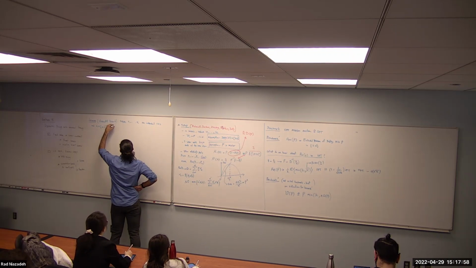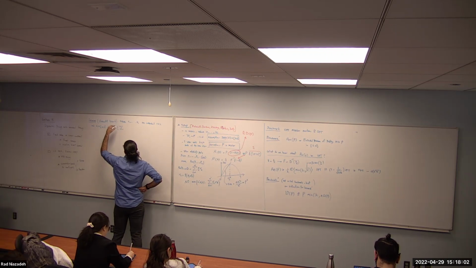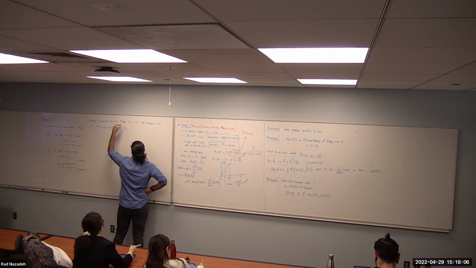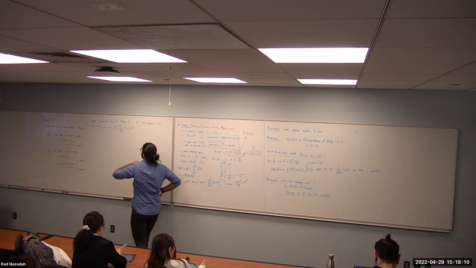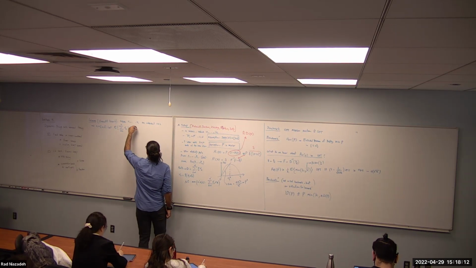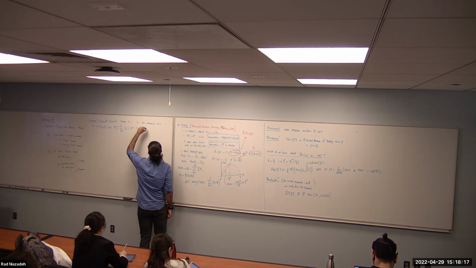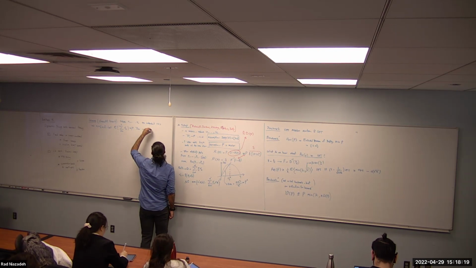Let the expectation of the summation t from 1 to n of xt be equal to mu. Then we have the following inequality.